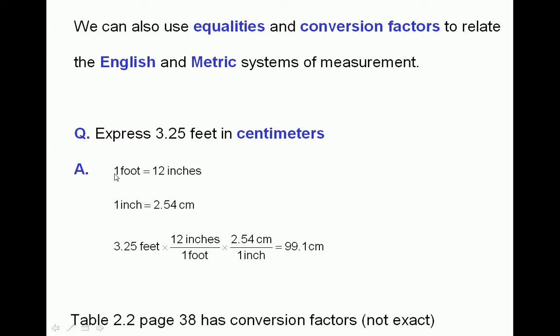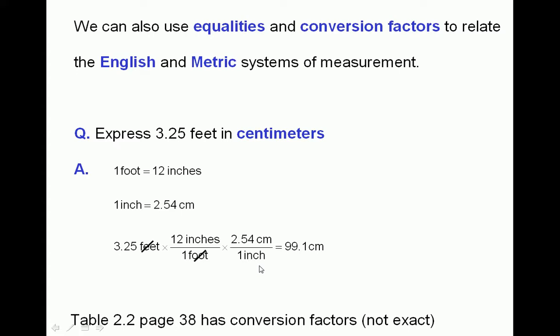So I know that there are 1 foot for every 12 inches, and I know, because I'm given a table of conversion factors, that in every inch there are 2.54 centimeters. So now I can set up a series of conversion factors to move from feet through to centimeters. So initially I want to convert from feet to inches, so I'm going to divide by feet, multiply inches. Use the conversion factor that has feet on the bottom line and inches on the top line, and so that's going to leave me with units of inches.